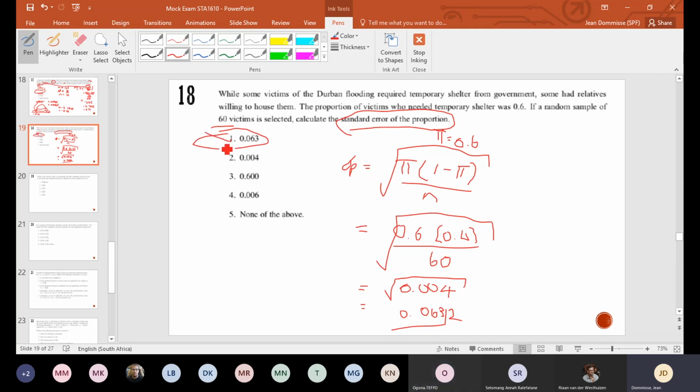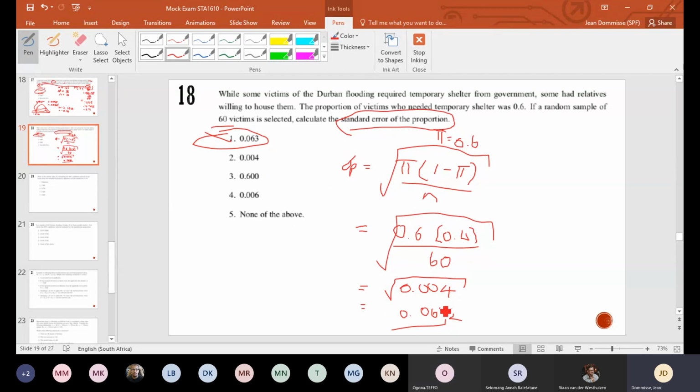But see again how easily one could have, while working on your calculator, picked the 0.04 option, saying that is my answer, instead of going to the next one that you still need to square root.